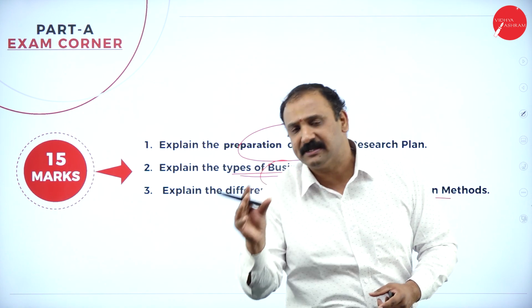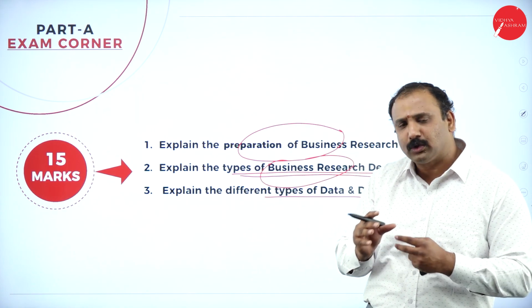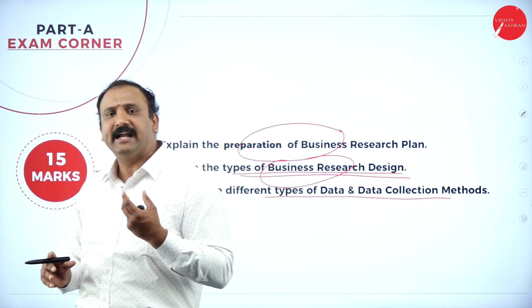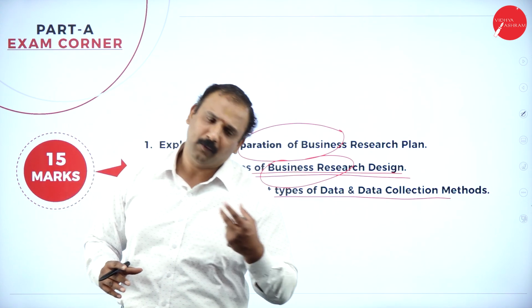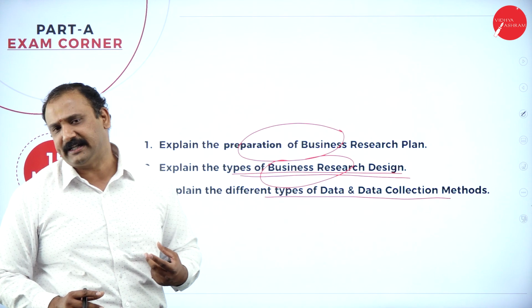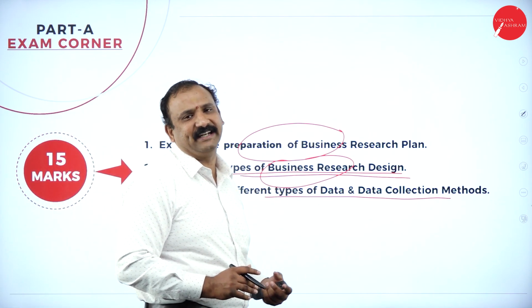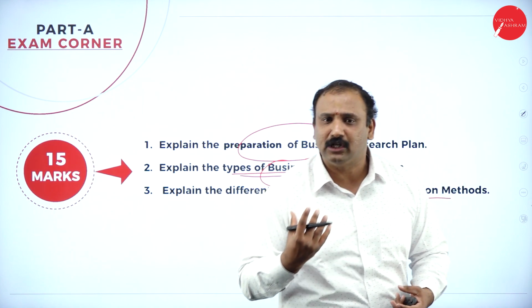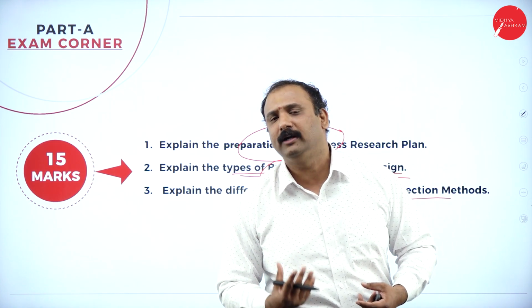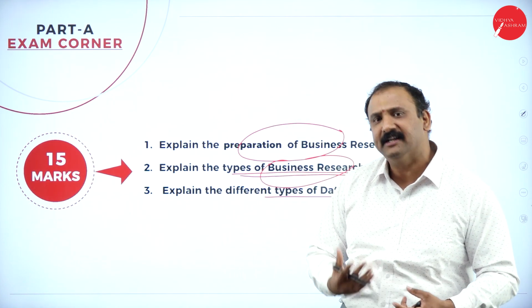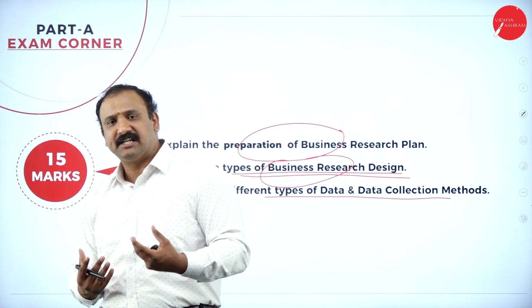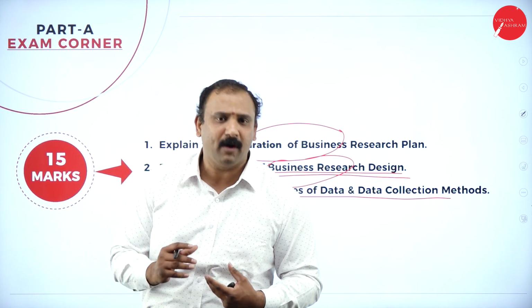Making use of secondary data will also help us to undergo the research and come out with some feasible ideas. So when you go through the collection methods, you try to understand which kind of data you want to go through, primary or secondary. If you're going through primary data, there is a lot of work involved in going to the field, collecting the data, collecting the questionnaire, and getting answers from the people.